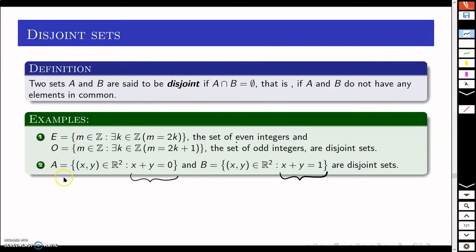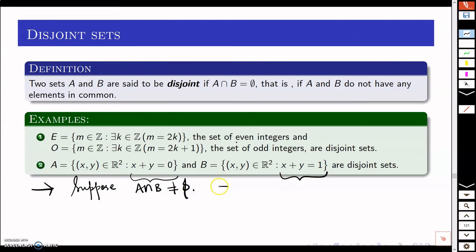So now, supposing there is a point in A and B, we'll assume that A intersection B is non-empty and we will arrive at a contradiction. So suppose A intersection B is non-empty.